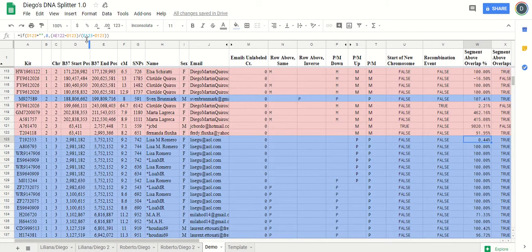So E minus D, so E is the end and here's the beginning, so this one minus that one gives you the length of the current segment, and by looking to see how much this beginning number dipped into the previous one divided by the overall, it'll give you how much of this segment is dipping into the previous one.